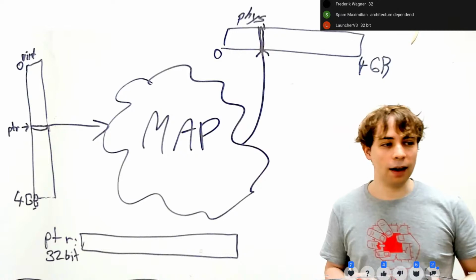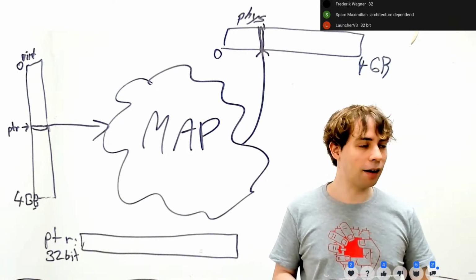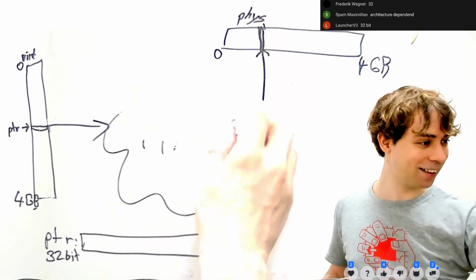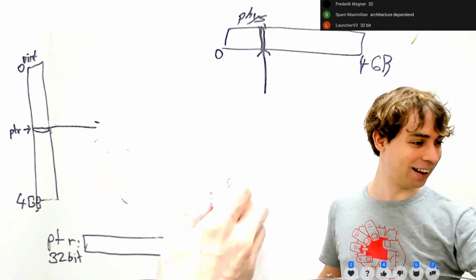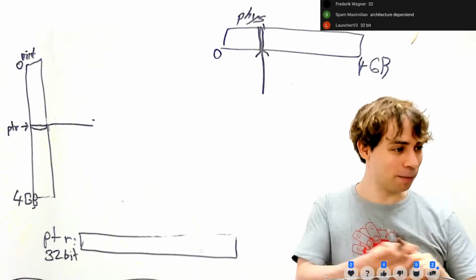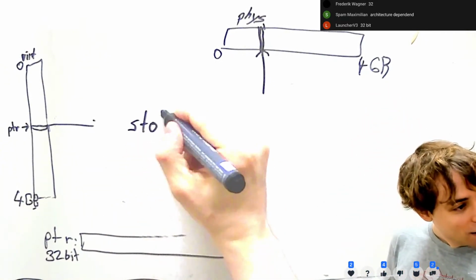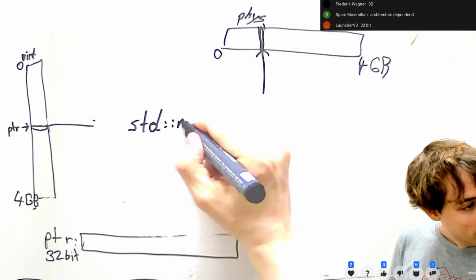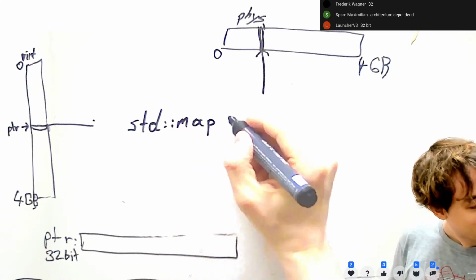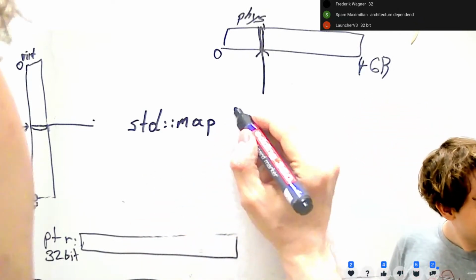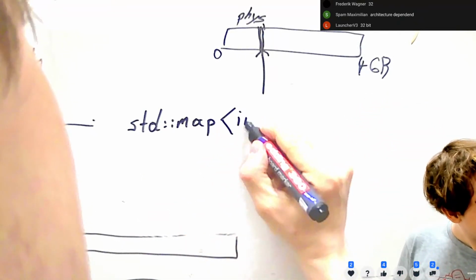Let's assume we take a very simple map, a standard map, like in C++. Let's see what happens then. Okay, simple map, and this is a std::map. What else is 32 bits? An integer. So we can just say integer.